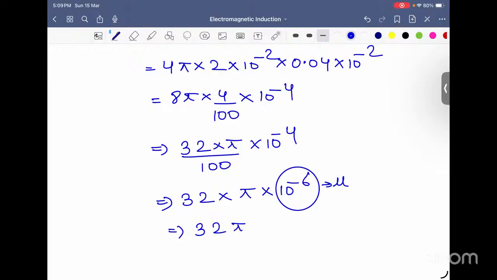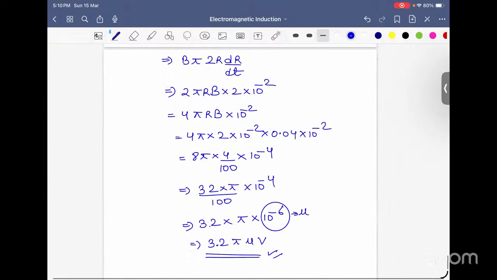Let me check the values here. Yes, we didn't convert this actually. If we solve it properly, we get 3.2 micro volt. This is the EMF induced.